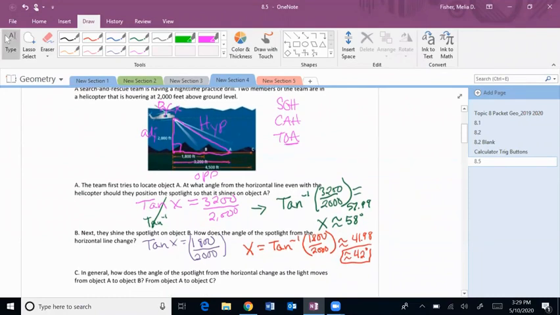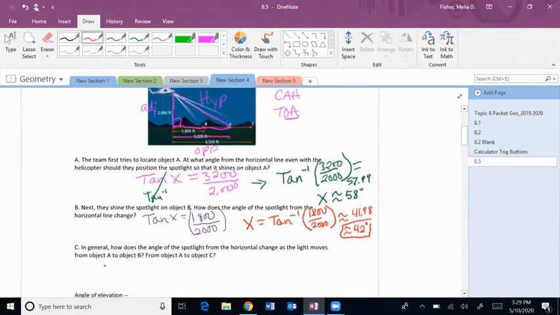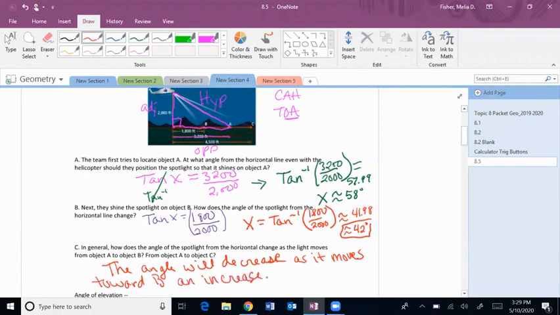Well, that angle from the helicopter will get smaller as it moves from A toward B, and it will get larger as it moves from A to C. The angle will decrease as it moves toward B and increase as it moves towards C.